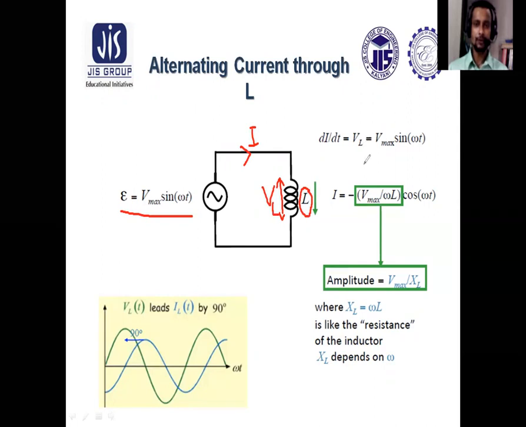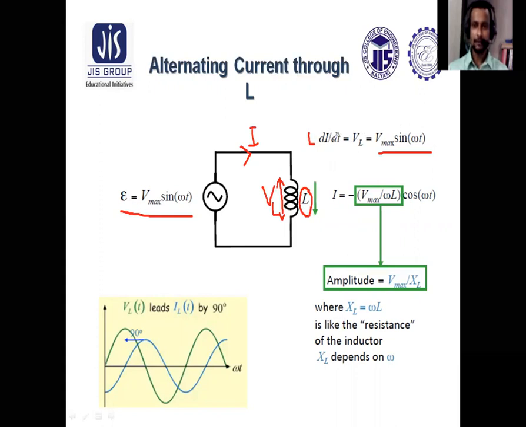VL equals L di/dt. Now, by applying KVL, VL equals Vmax sin omega t. This entire supply voltage will appear across the inductor. So VL equals L di/dt, which equals Vmax sin omega t.